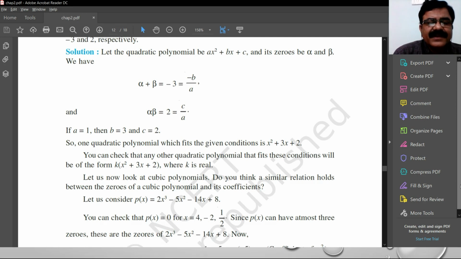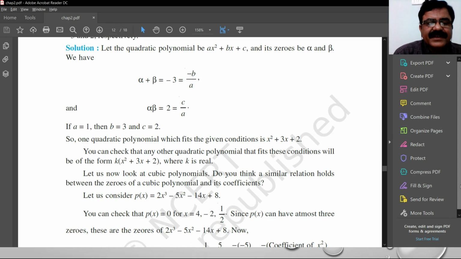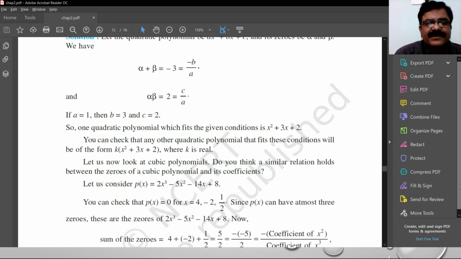Let us now look at the cubic polynomial. You can take the example p(x) equals 2x cube minus 5x square minus 14x plus 8. p(x) is 0 for x equals 4, minus 2 and 1 by 2, so p(x) can have at most 3 zeros. These are the zeros of 2x cube minus 5x square minus 14x plus 8.